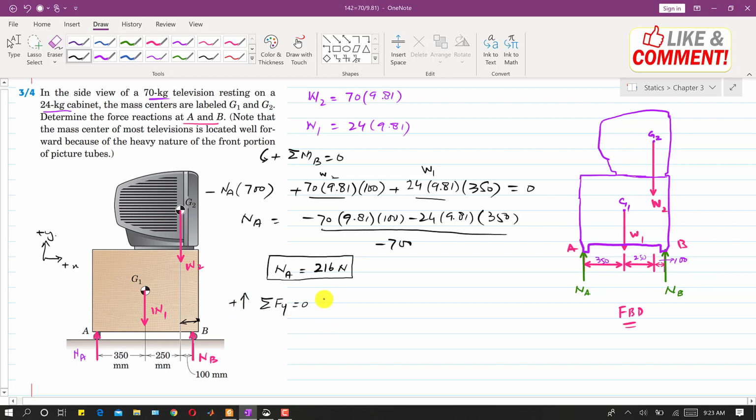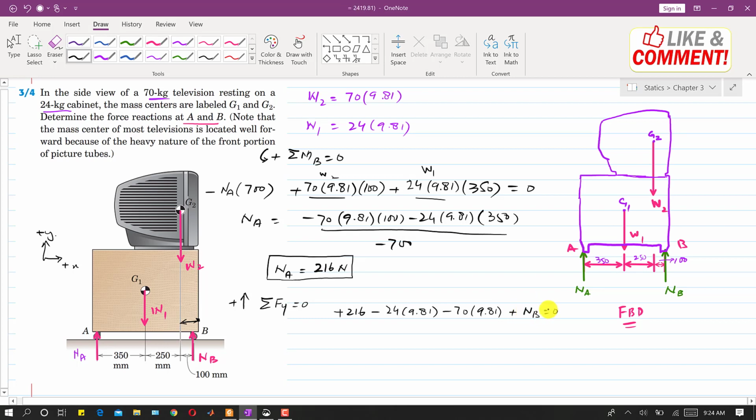So NA is in the positive y, so we will write plus 216, this is the NA magnitude, minus W1, which is 24 into 9.81, minus W2, which is 70 into 9.81, and plus NB, since it is also in the positive y direction, equals 0.